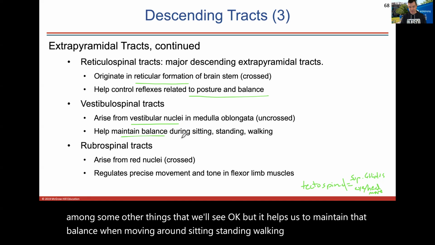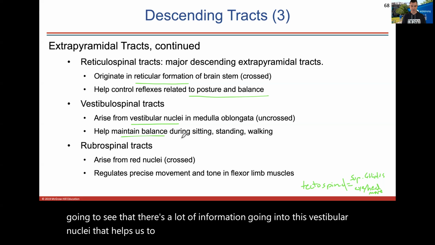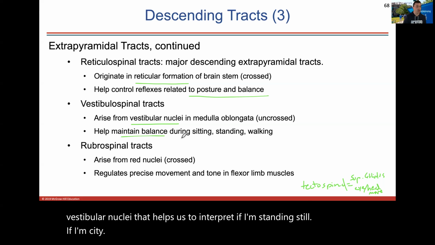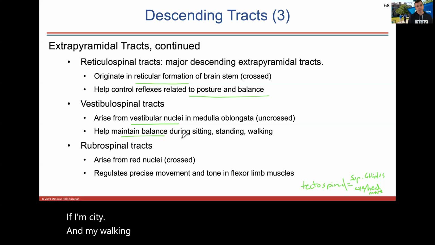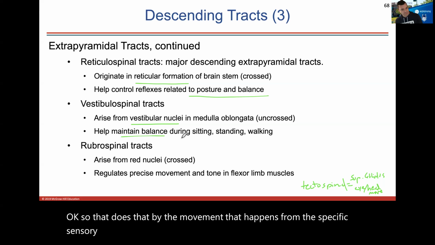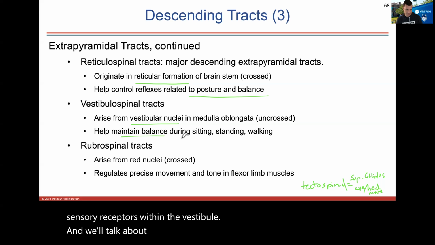We're going to see that there's a lot of information going into these vestibular nuclei that helps us to interpret if I'm standing still, if I'm sitting, am I walking around? Okay. It does that by the movement that happens from the specific sensory receptors within the vestibule. And we'll talk about that when we look at special senses.